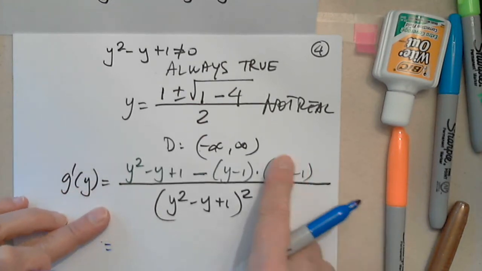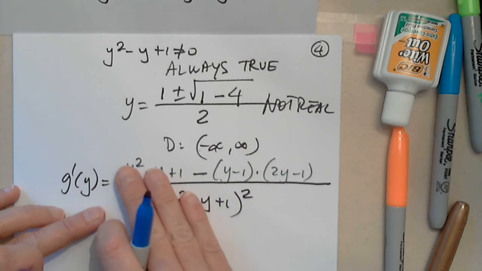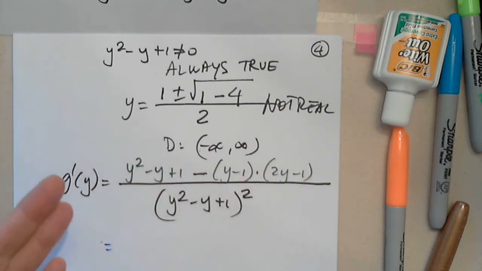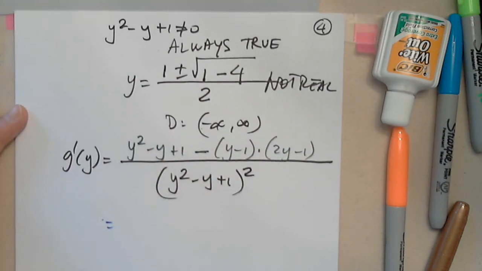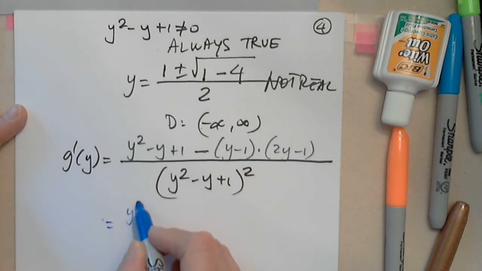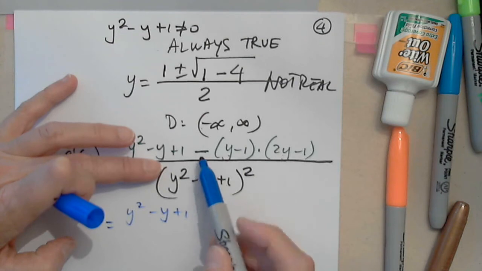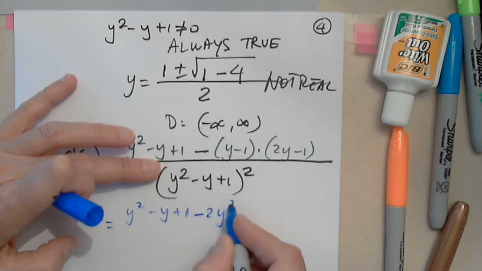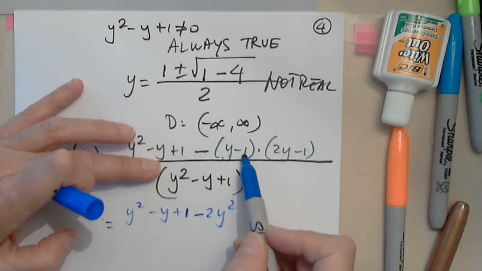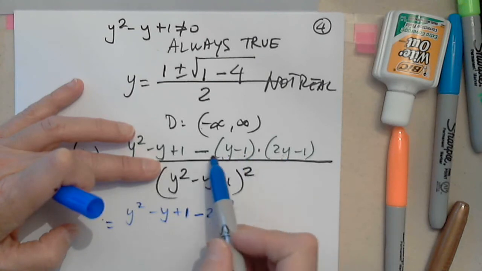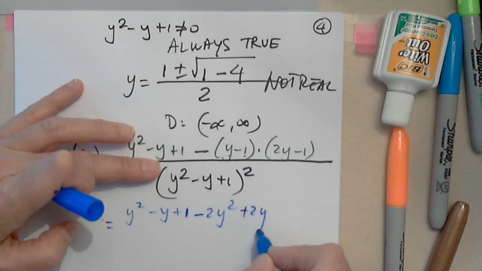This is why in the previous chapter we wanted to simplify this to the fullest. We need it right now. So y squared minus y plus 1, 2y times y with minus in front. 2y times negative 1 is negative 2y but with minus in front.